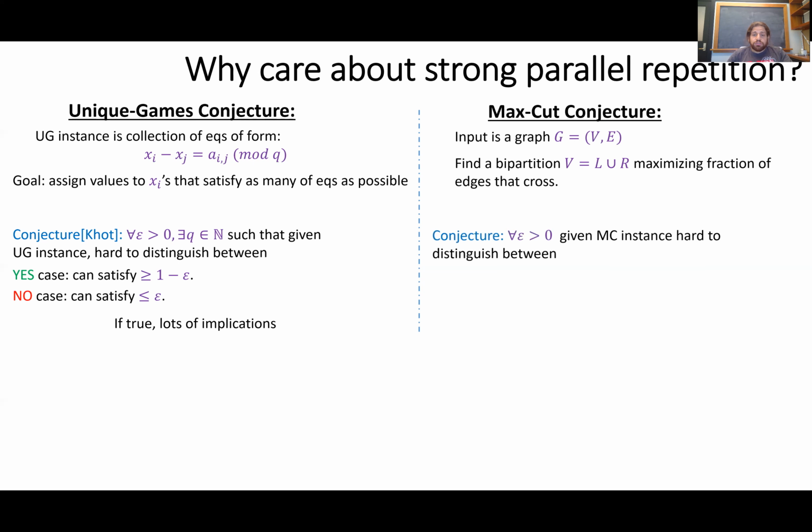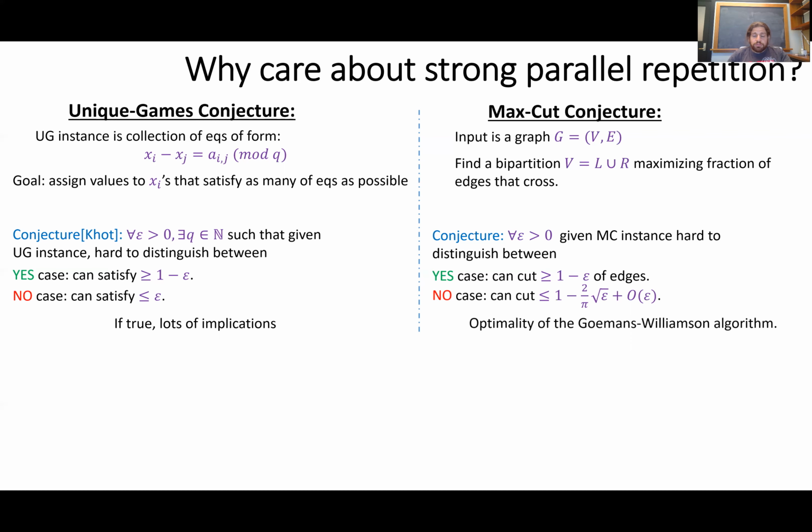So in this language, the max-cut conjecture asserts that if epsilon is small enough, it's NP-hard to tell, given a graph, whether you can cut at least 1 minus epsilon fraction of the edges, or you can cut at most 1 minus 2 over pi times square root of epsilon, plus some error term, a fraction of the edges. In other words, this conjecture asserts that the Goemans-Williamson algorithm for max-cut is optimal.